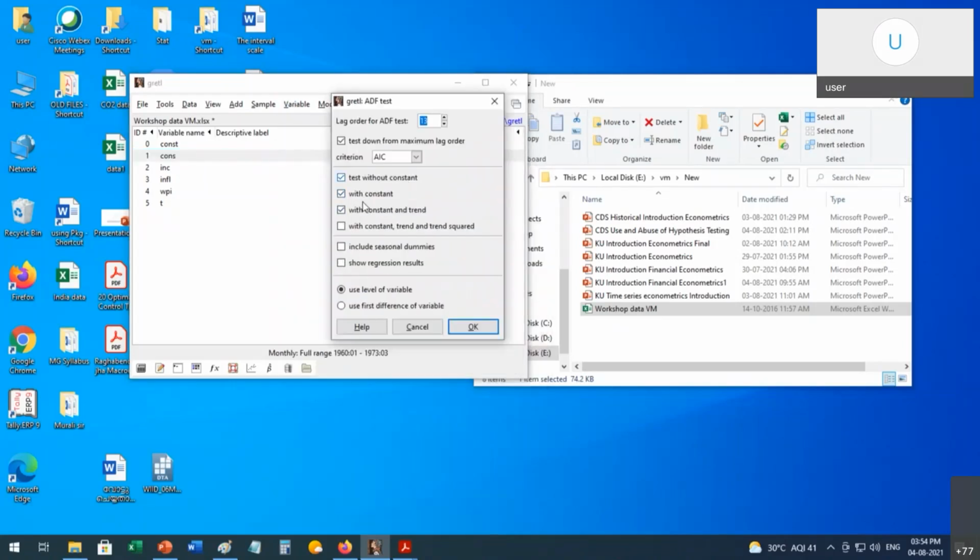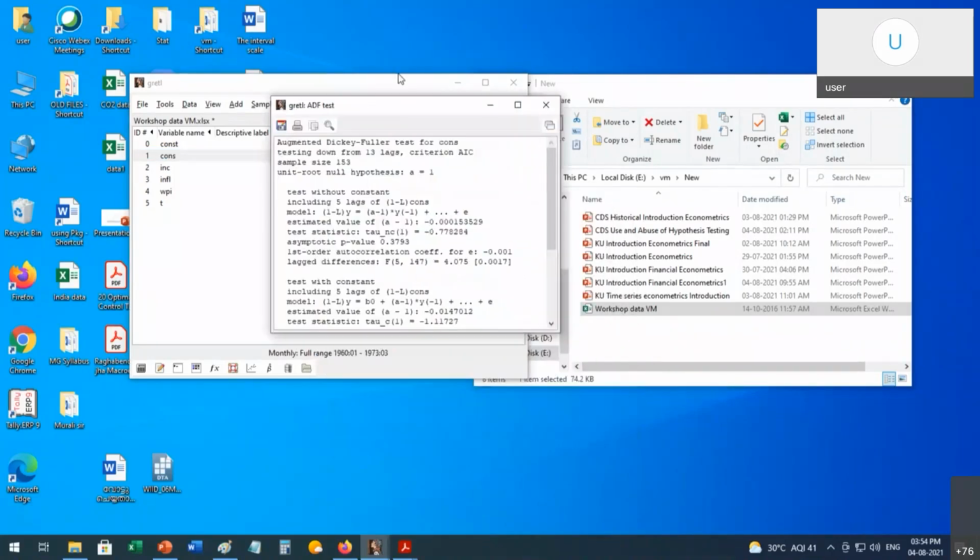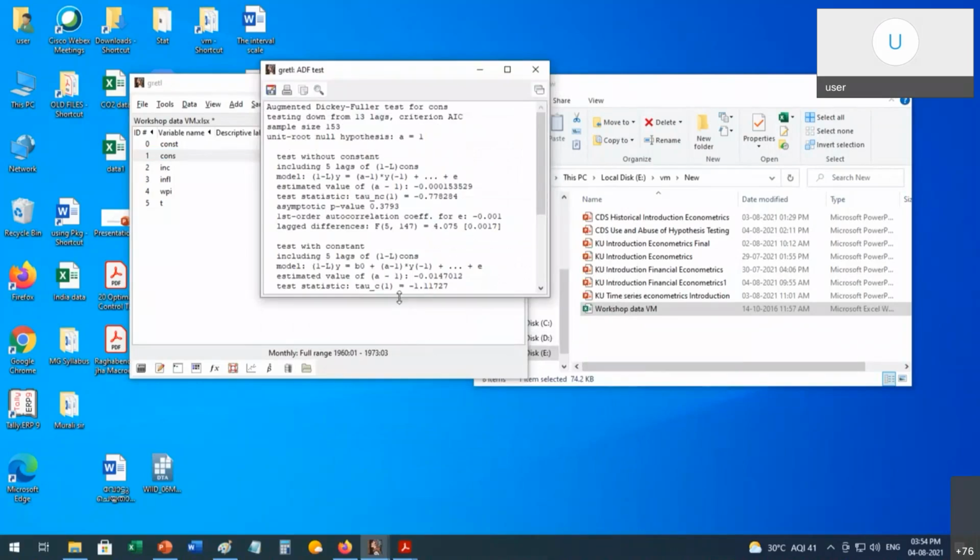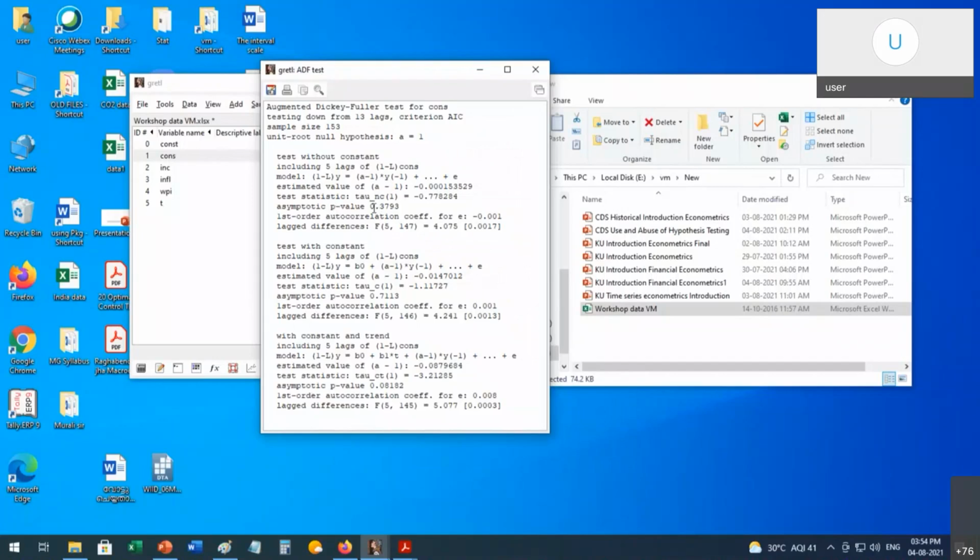So all the three we are considering. So we are using the level of variable. Then click OK. And here we have the result. See the p-value here 0.379. Here it is 0.711. And here this is 0.08. In all the cases we have greater than 5%, so we do not reject the null hypothesis of unit root.